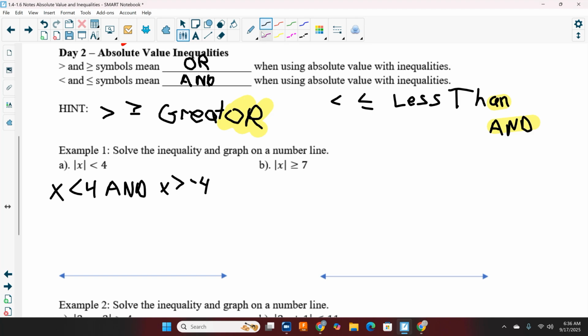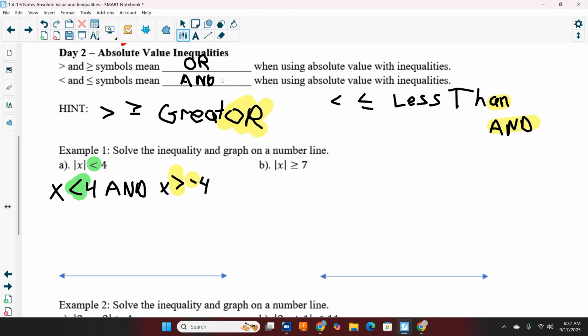So your second inequality, you're going to flip the sign of the number, but you're also going to flip the original inequality symbol. We had less than, so we're going to make it greater than for our second inequality. So we're flipping not only the other side of the equation, but also the inequality.